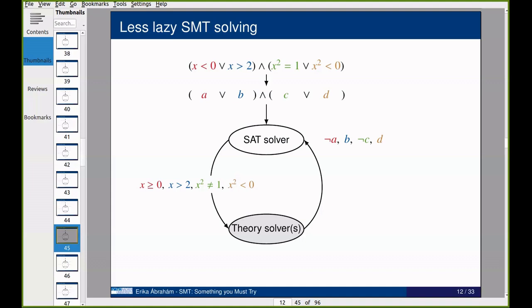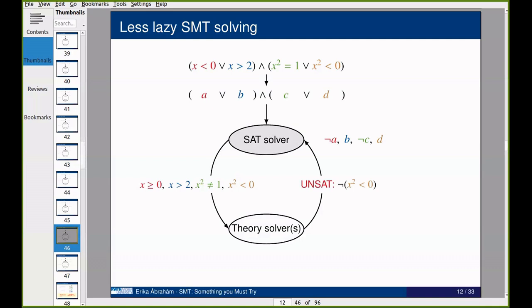So now the theory solver will give back it is unsatisfiable, but not only this, we also need an explanation why. In this case, it can be a subset of the input constraints, consisting just of a single one. So this explanation needs to be a theory lemma, a tautology in the theory.